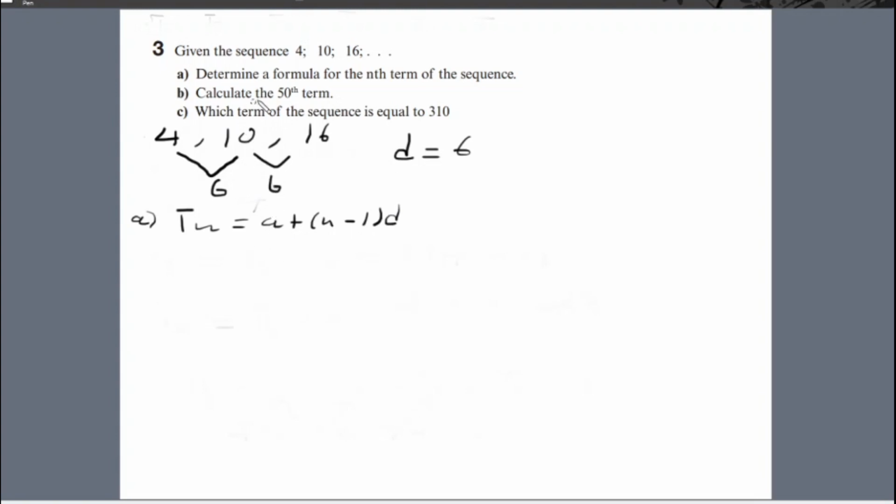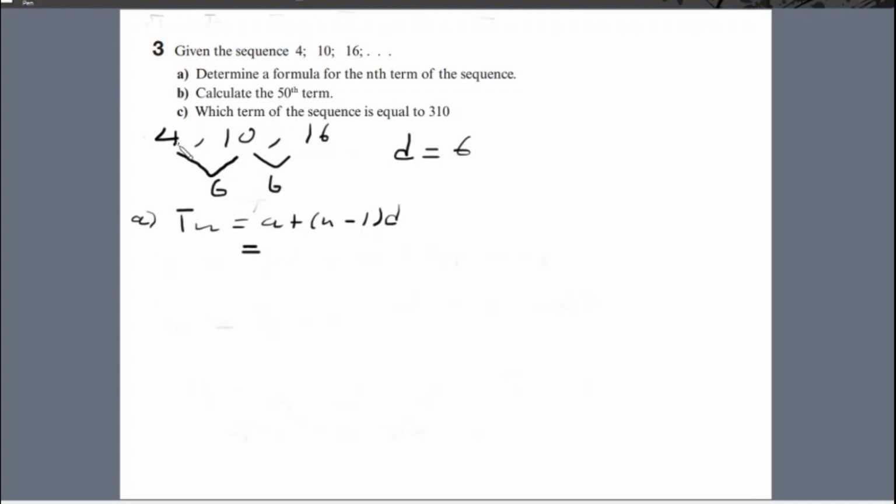So but determine a formula for the nth term of the sequence. This is the formula for the nth term of the sequence, where Tn is the nth term, and Tn is equal to the first term, which is a.